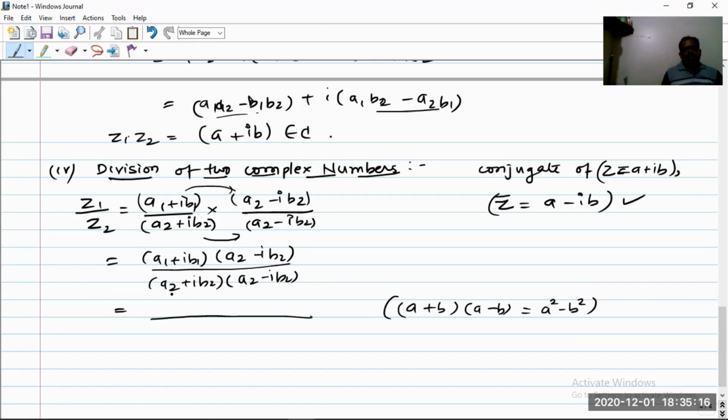If I compare this with a plus b, a minus b, then a will be equal to a2 and b will be equal to ib2. Now applying this formula, a square means a2 square minus b square means ib2 square, and in the numerator we can just multiply the binomials.